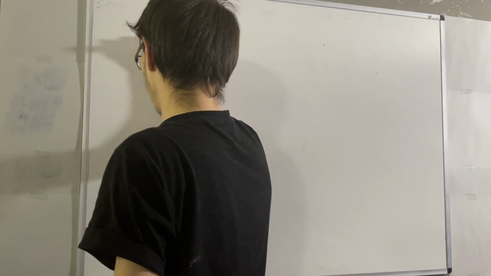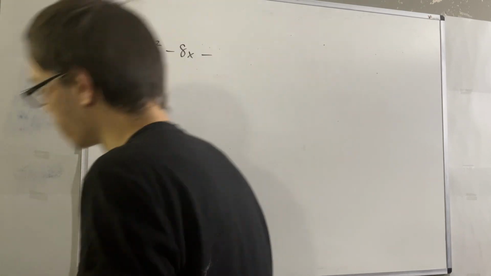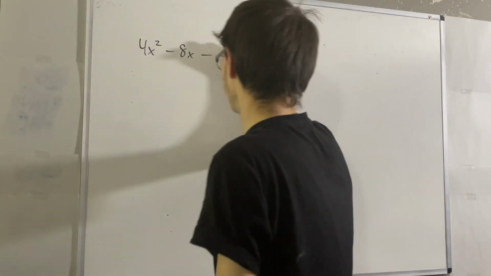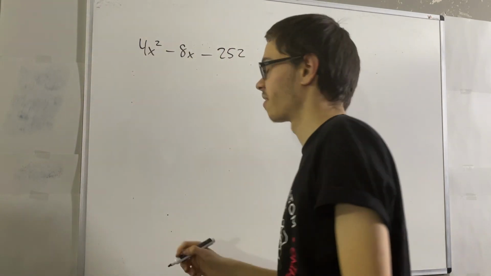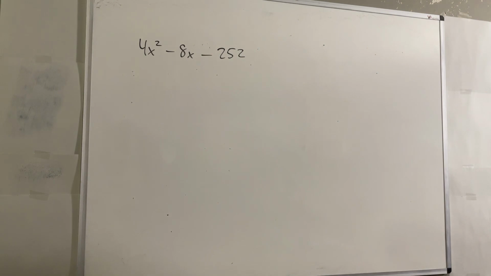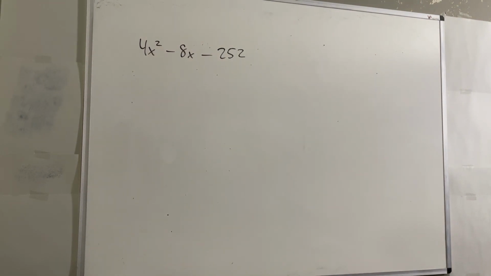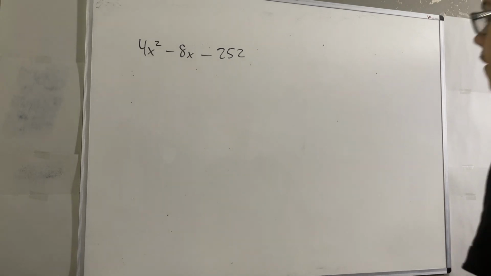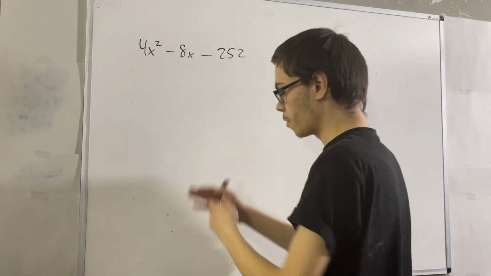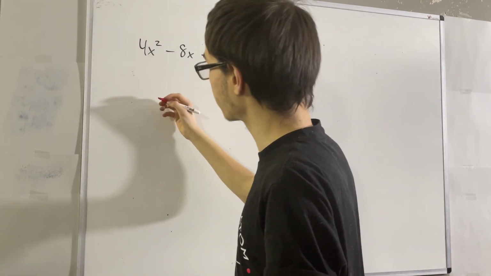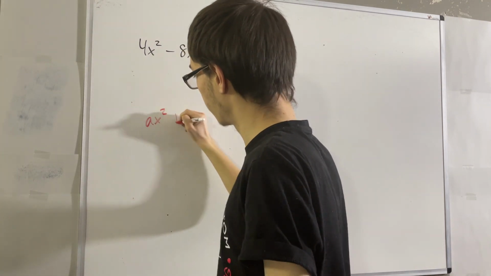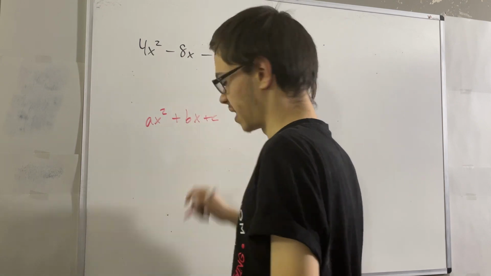4x squared minus 8x minus 252. So, first things first is to realize that this is, in fact, in the form of ax squared plus bx plus c.